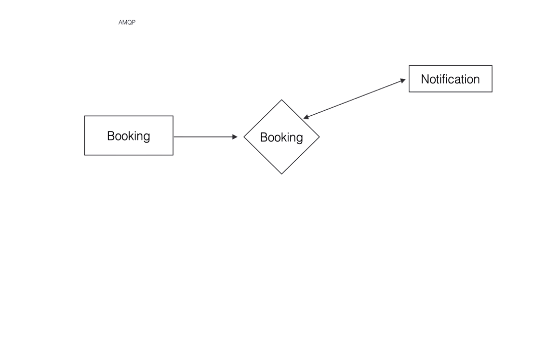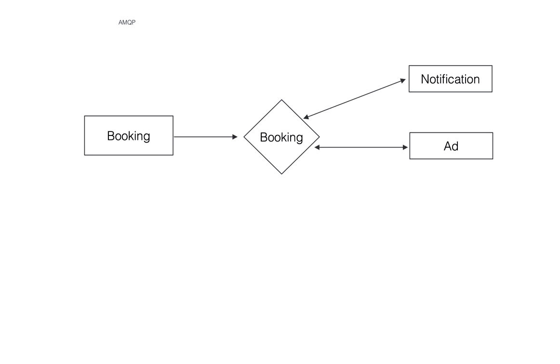There could be other consumers to it. For example, let's say there is a post booking service or an advertisement service which also wants to consume the same data. In that case also we can have those connections made. So there could be multiple consumers that we see.